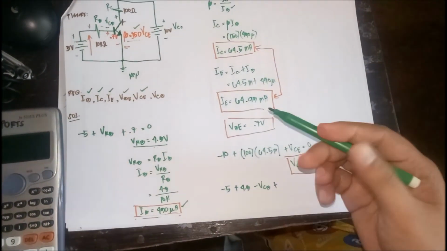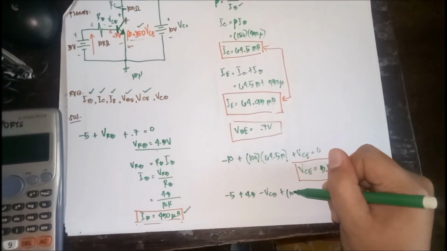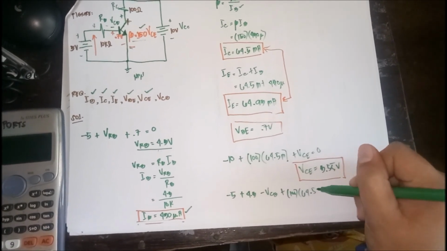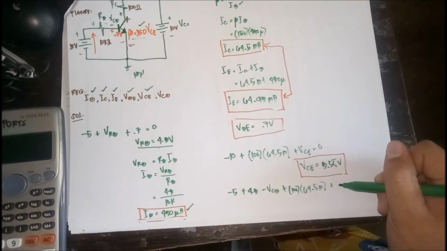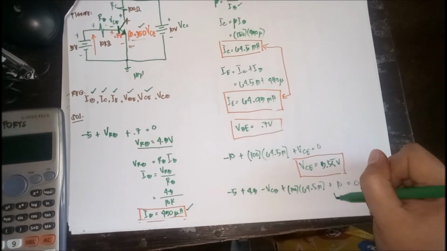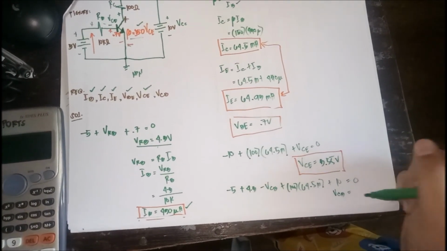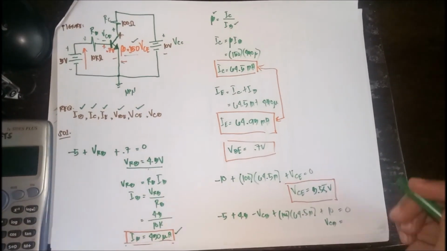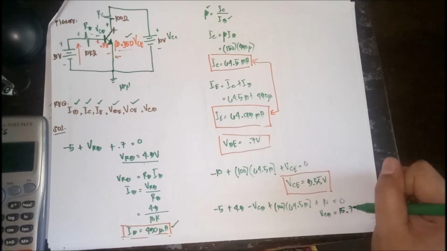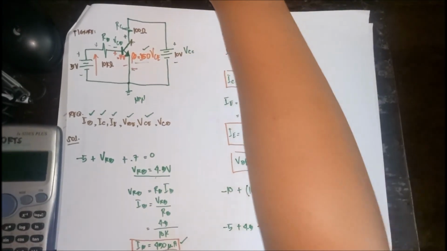This is 100 times 64 IC, 64.5 milli plus 10. This is equal to 0. That gives us VCB, which is equal to, this is equal to 15.75 volts.